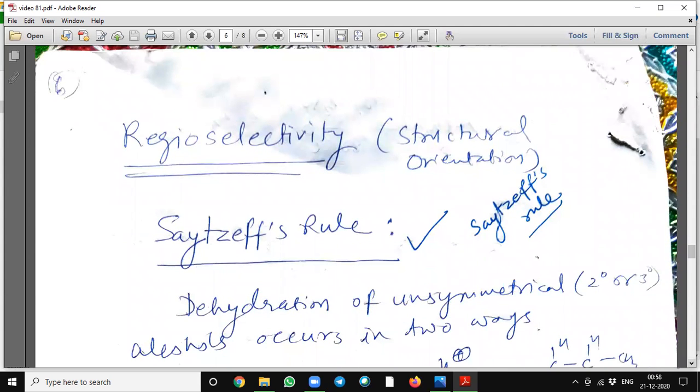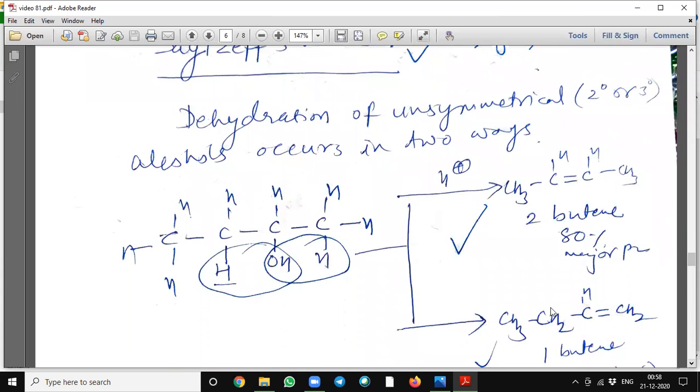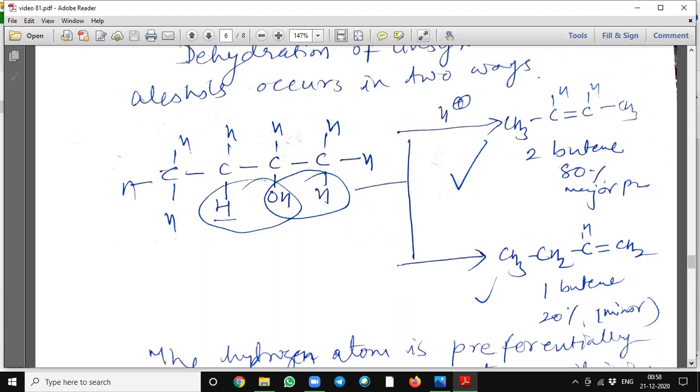Regioselectivity, structural orientation, Saytzeff rule. Dehydration of unsymmetrical, that is secondary or tertiary, alcohol occurs in two ways. See here. There is a possibility that it may be eliminated from this carbon or from this carbon.